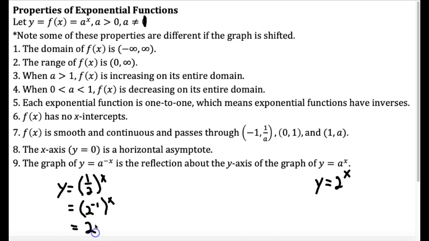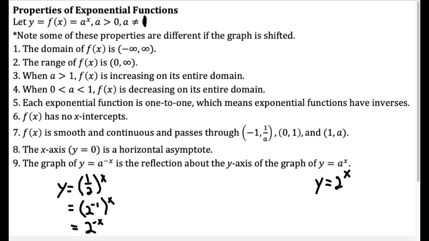So 1/2 to the x would actually be the exact same thing as 2 to the negative x. So that's where we're getting this last fact from. y equals a to the negative x is a reflection across the y-axis of the graph of y equals a to the x. So again, if you need, pause the video and jot these properties down.